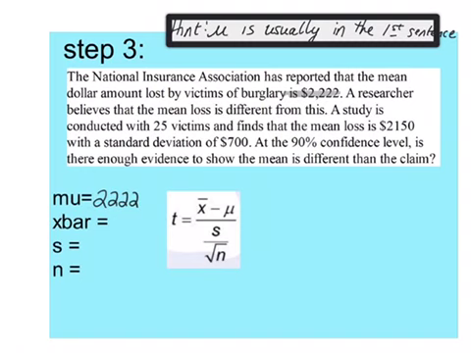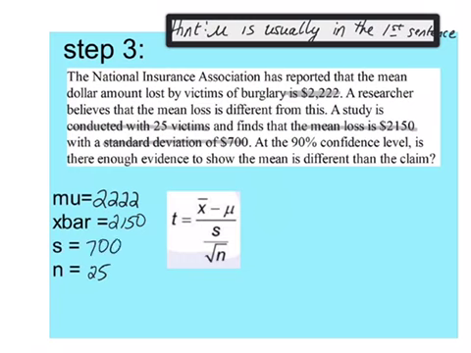We see conducted with 25 victims. That indicates N. N is 25. Keep reading. The mean loss for those 25 people, so it's an X bar, a sample mean, is 2,150. Keep reading. Standard deviation for those same 25 people is 700.